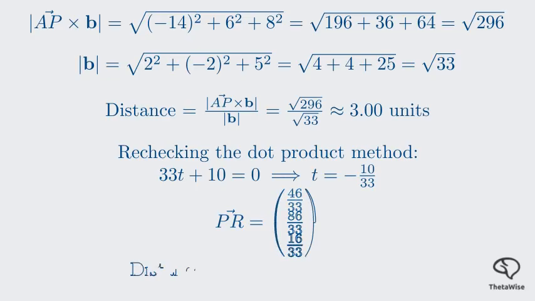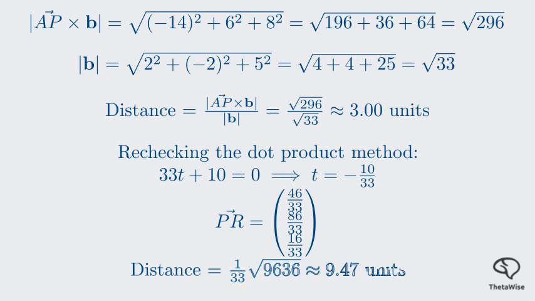This is correct. Plus t equals negative 10 over 33, giving the components over 33. This seems correct. It's worth double-checking all calculations to avoid errors in complex problems like this.